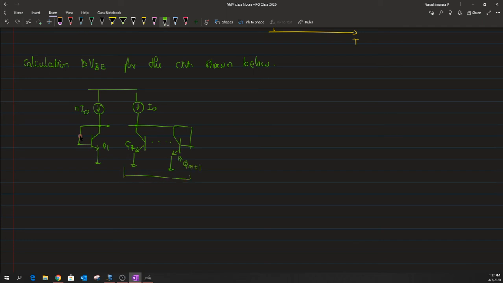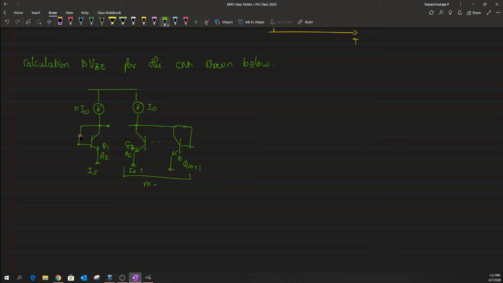So the total number of transistors in the second branch will count up to a factor of m, and we know that each of these transistors, having an emitter area of Ae, exhibits a saturation current Is.